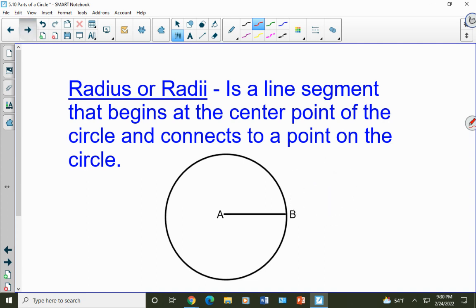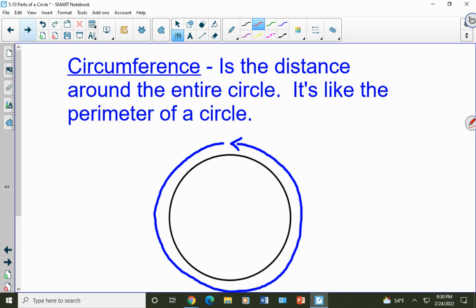All right, next thing is circumference. Circumference is the distance around a circle. It's like the perimeter of the circle. And next year, you guys will learn how to find the circumference of a circle using formulas and using pi. You'll find out what pi is next year. But anyway, circumference is the distance around the circle.